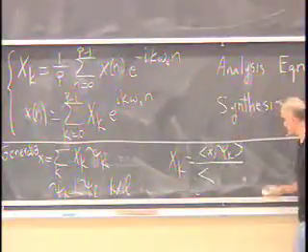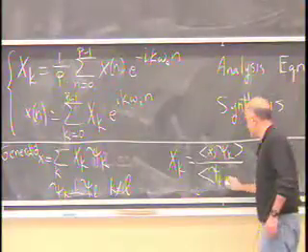Everything else is going to be 0. So in the denominator, you're left with the inner product of ck with itself.